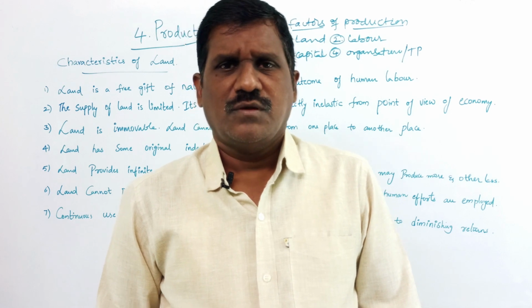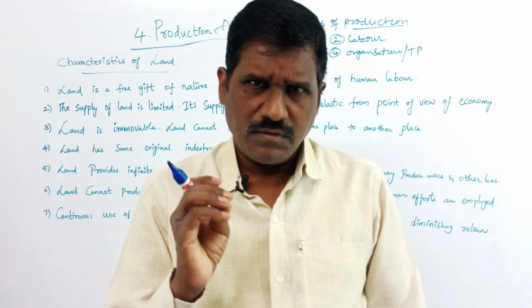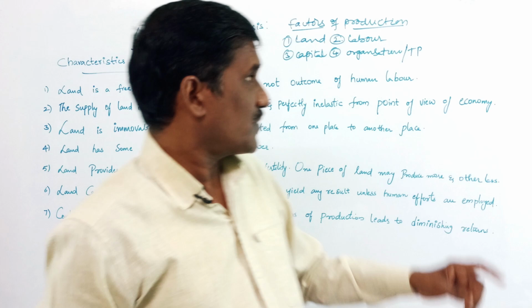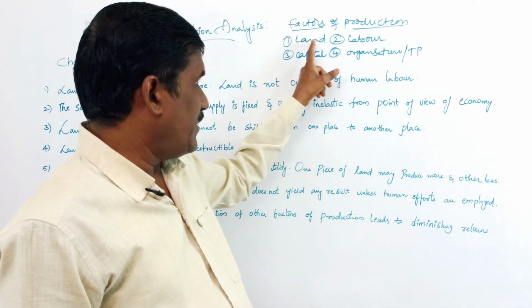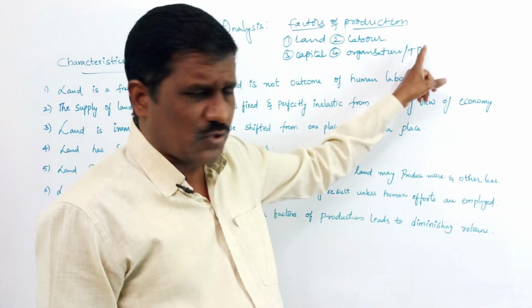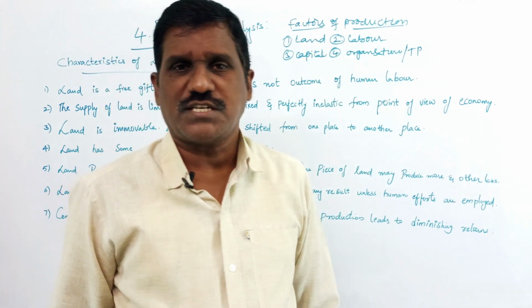So to produce goods and services, we need factors of production: land, labor, capital, organization, and technical progress also. But majorly there are only four factors of production.